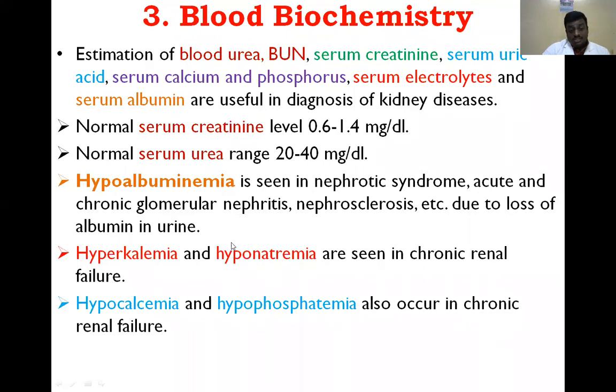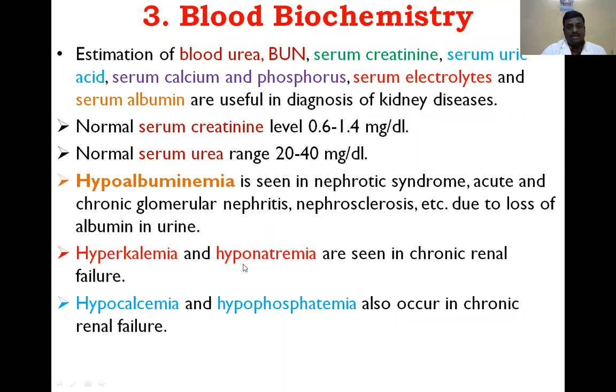These two conditions may be observed in chronic renal failure patients. Likewise, hypocalcemia and hypophosphatemia, where both calcium and phosphorus are reduced in the blood, are also seen in chronic renal failure patients.